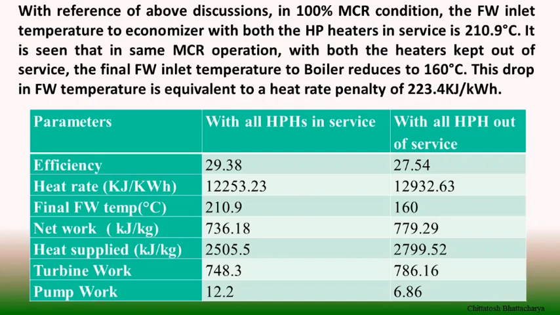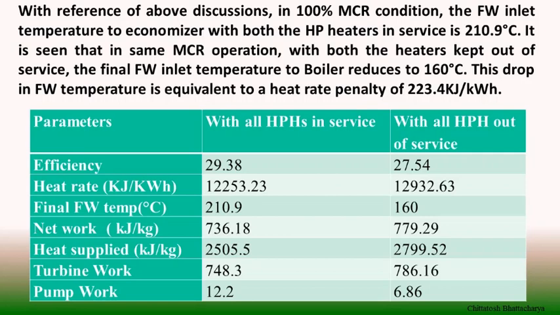The feed water inlet temperature to the economizer with both the HP heaters available is 210.9 degrees centigrade, and it is seen that at the same MCR operation with both the heaters kept out of service, the final feed water inlet temperature to the boiler reduces to 160 degrees centigrade. So this drop in feed water temperature is equivalent to a heat rate penalty of 223.4 kilojoule per kilowatt hour, which is very significant in terms of efficiency also, and loss of heat value, energy conversion.